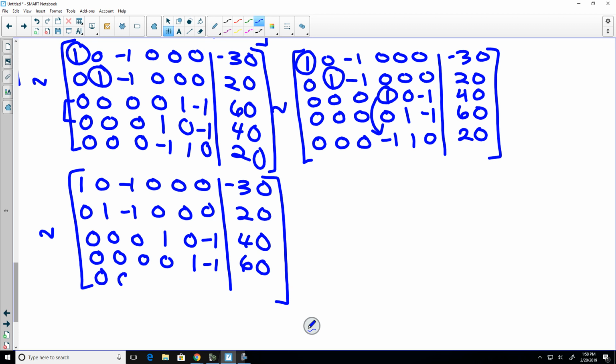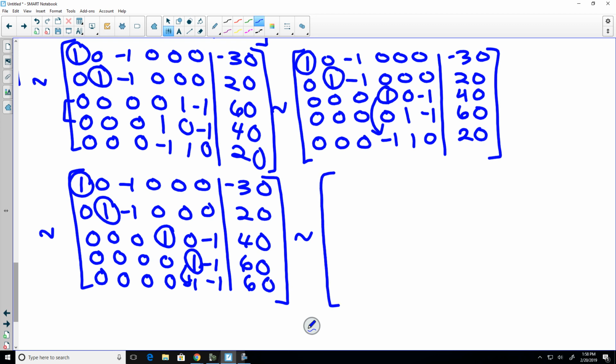So 0, 0, 0, 0, 1, -1, 60. Pivot, pivot, pivot. That's a pivot. I need to make that one 0 below it. And then I'll be done. Maybe. Might be done. Oh yeah, well, they're just the same, right?